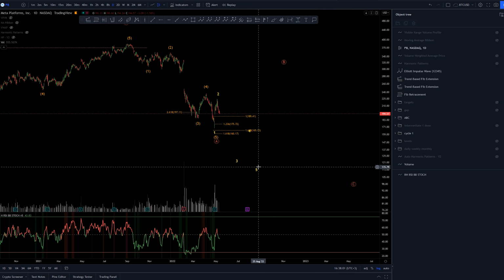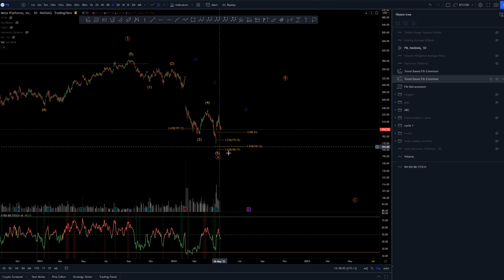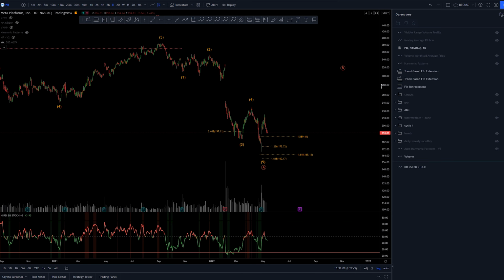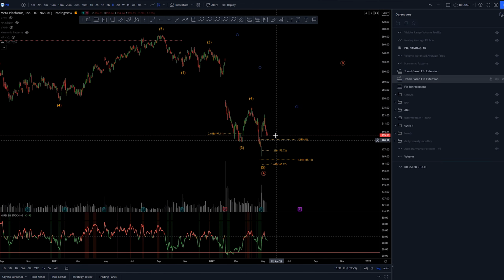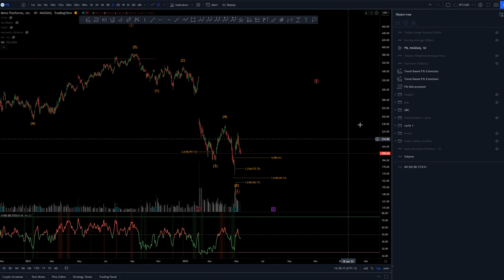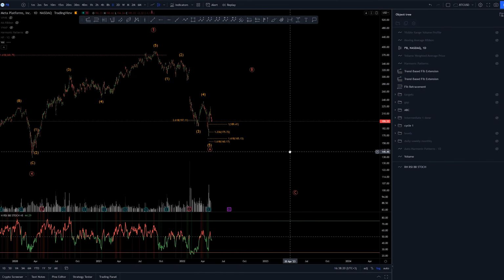But again, this area hits some of these targets at least, so I don't currently have reasons why I would be expecting an extended 5th. Now, what are we expecting next?